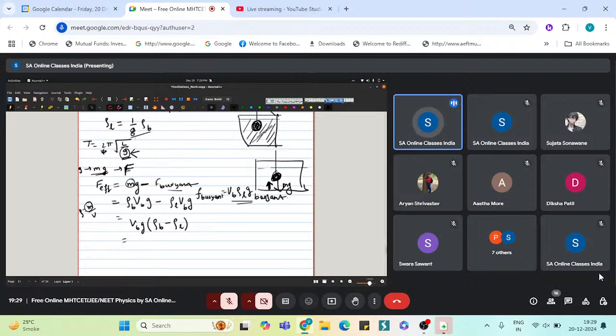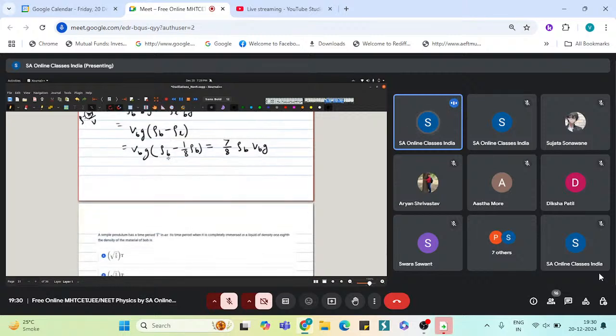And rho of liquid is 1/8 of rho of ball. So we write this as rho B minus 1/8 rho B, which is equal to 7/8 rho B into VB G. And now we want to substitute an equivalent of G here, right?